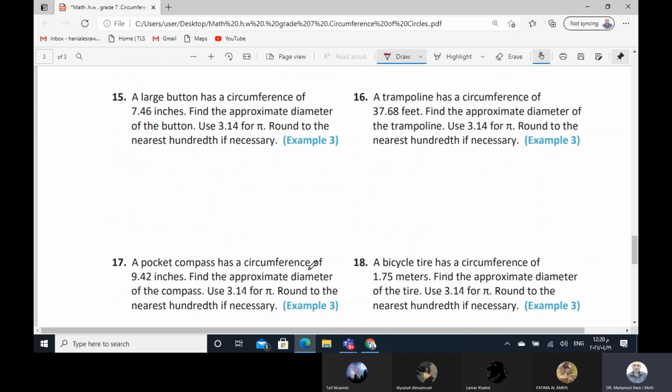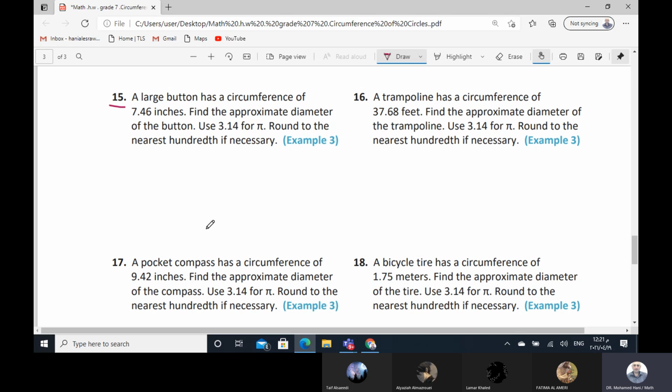Who can read exercise number 15? A large button has a circumference of 7.46 inches.